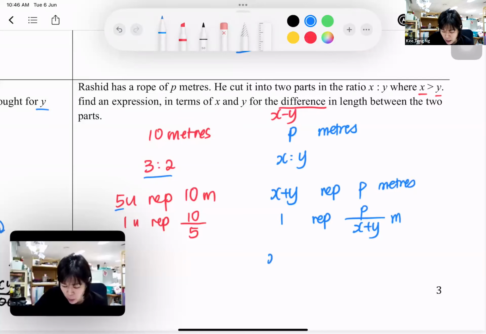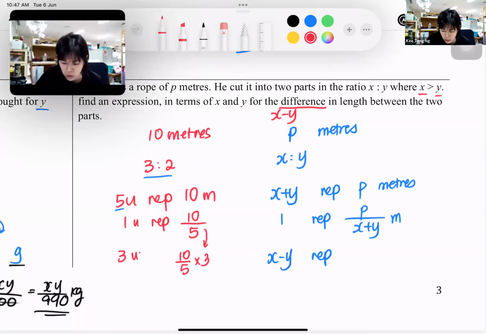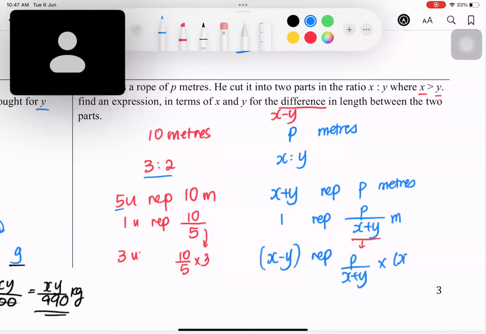So now I want X minus Y number of units. If I wanted 3 units, for example, I take this value and times 3. So now I want X minus Y units. I take P over X plus Y and multiply by the expression X minus Y. Correct, right?